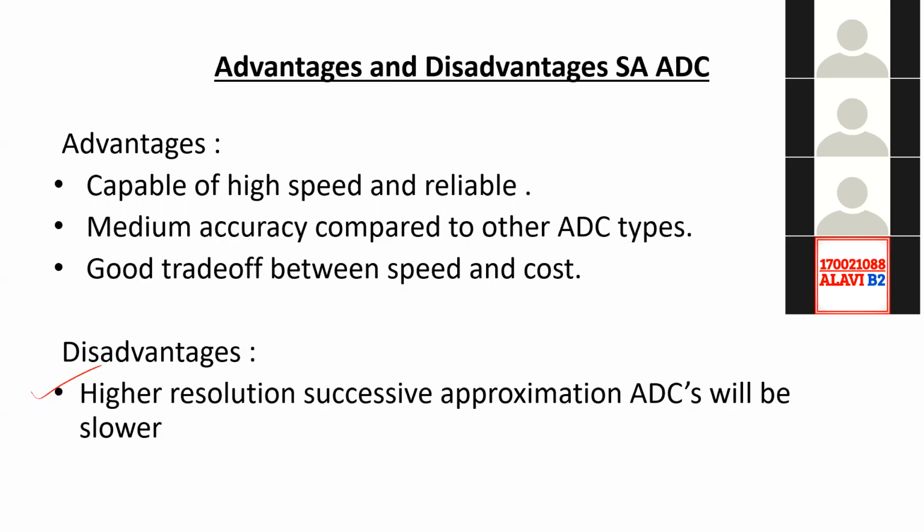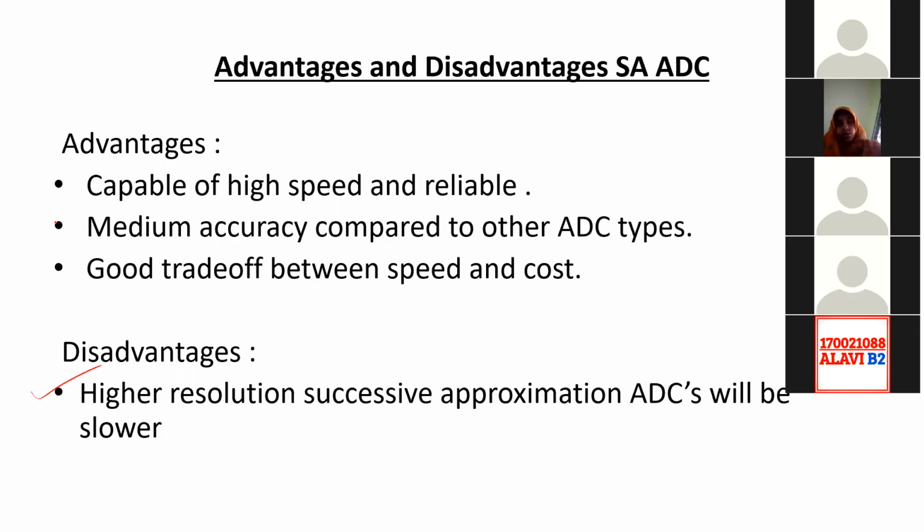And about the advantages, its speed and accuracy is quite reliable, and compared to the flash ADC where the cost is too high, if the speed and cost both of them are considered, then this particular design can be considered to be a good trade-off between both speed and cost. So these are some of the advantages and disadvantages of this particular ADC.